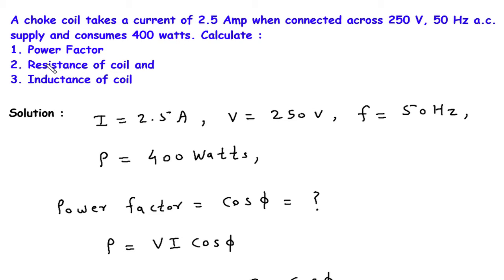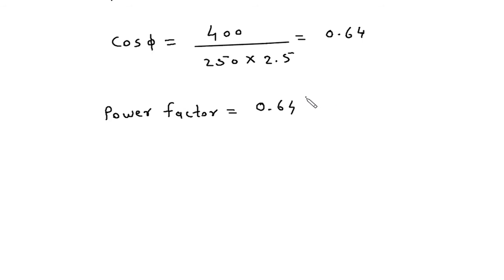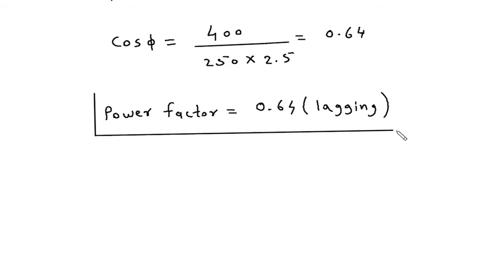So we have to calculate resistance and inductance. That means the circuit contains resistance and inductance. So therefore in this case the power factor will be lagging. Because of the inductance, the power factor will be lagging. So this is our first answer.